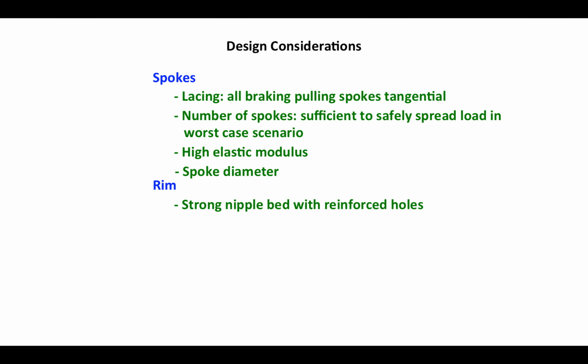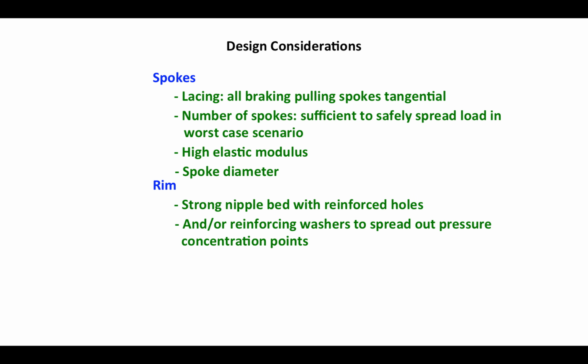For rims, strong nipple beds with reinforced holes and/or reinforcing washers to spread out pressure concentration points. Later in the discussion about carbon composite rims, you'll see that there is perhaps a very strong advantage to carbon fiber for disc brake rims because of the fact that it's possible, without increasing the mass very much, to selectively reinforce the rim in strategic points where the concentration of stress is the greatest.